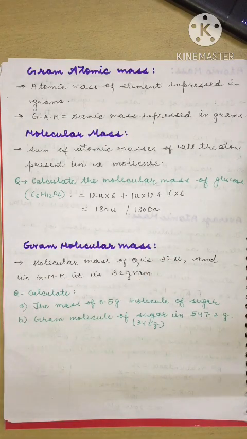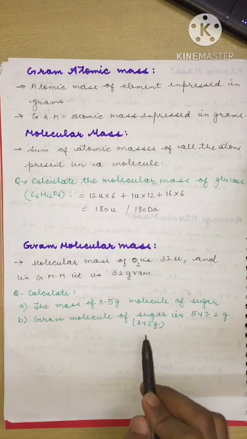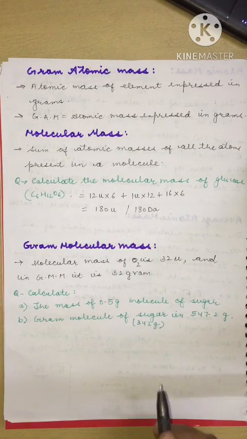Now there are some questions. Calculate the mass of 0.5 gram molecule of sugar. So we should know the gram molecular mass of sugar. It is written over here already, this is 342 gram molecular mass.